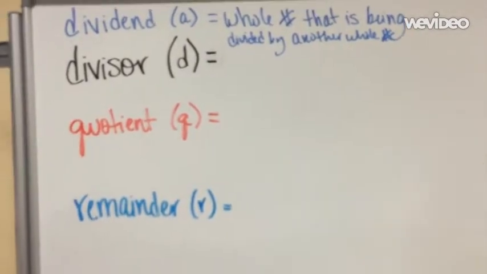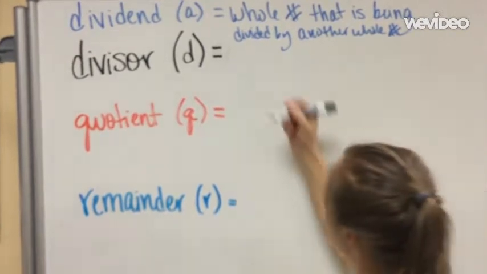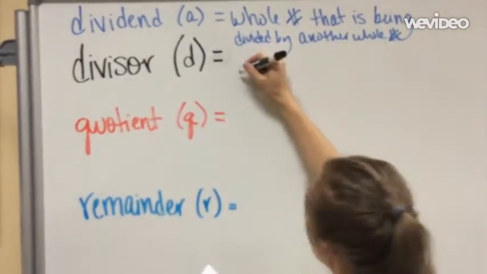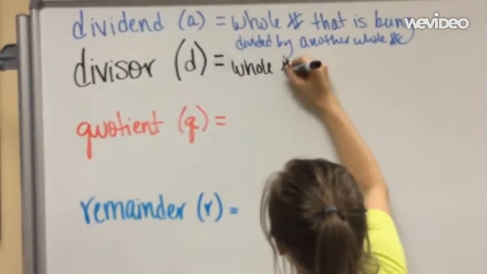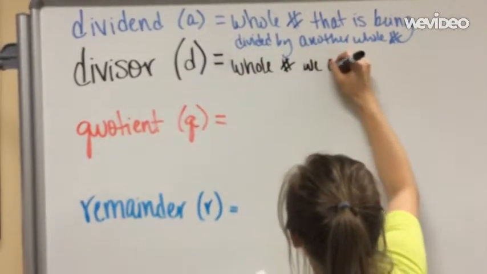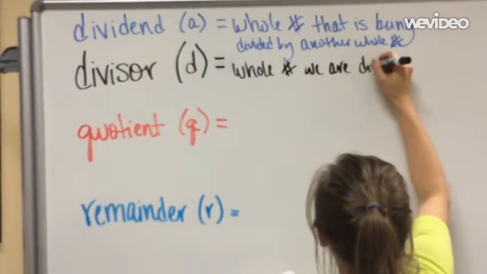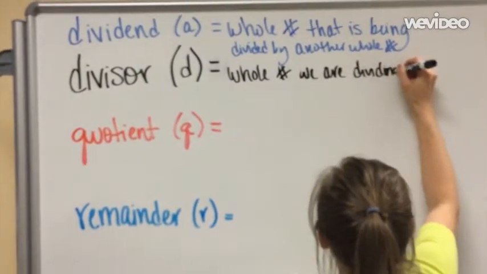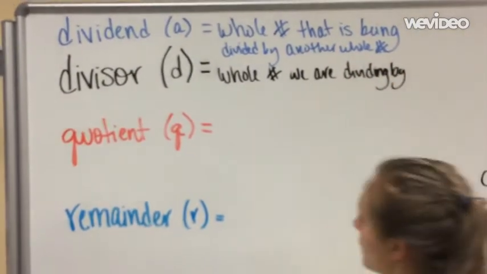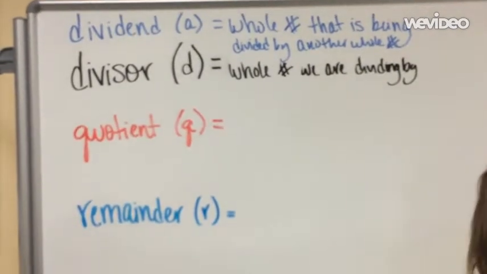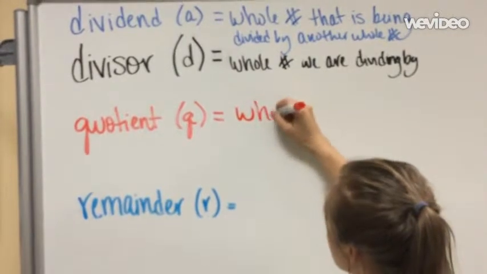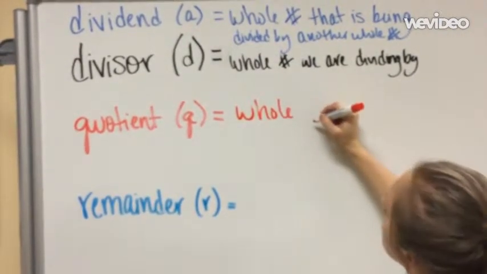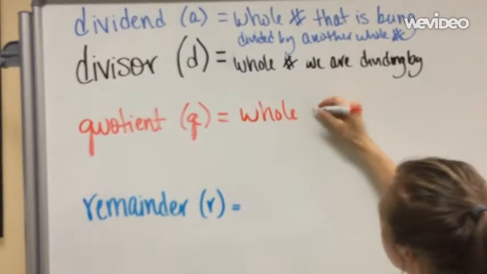Now, the divisor is a whole number we are dividing by. And the quotient is a whole number, which is the answer to the dividend divided by the divisor.